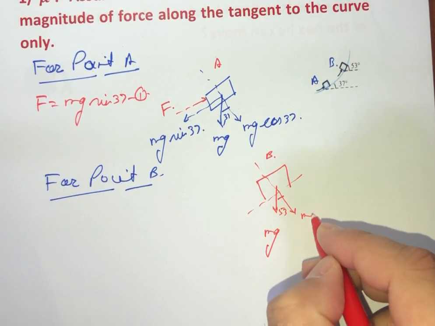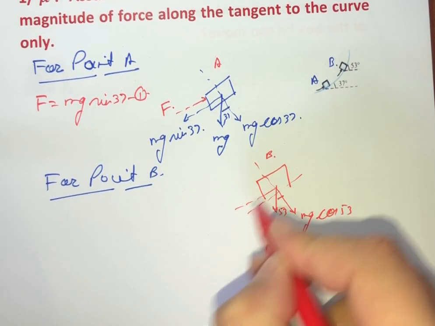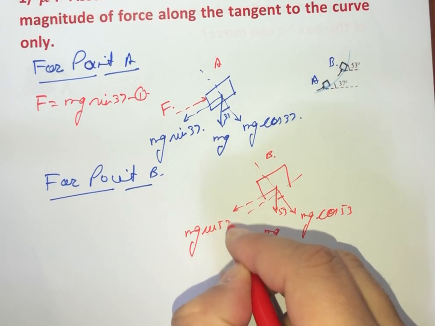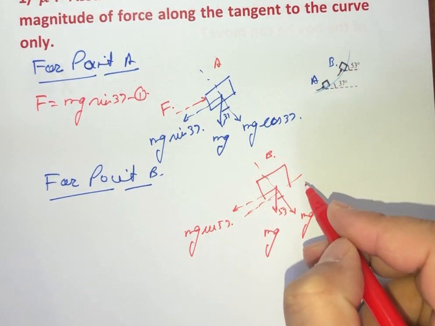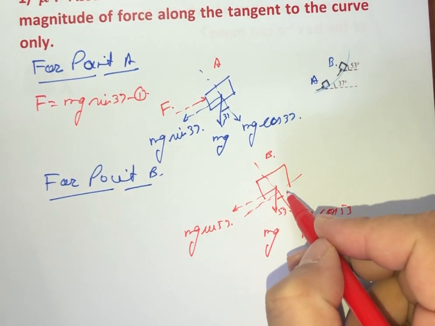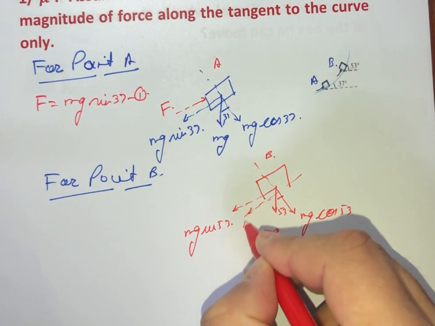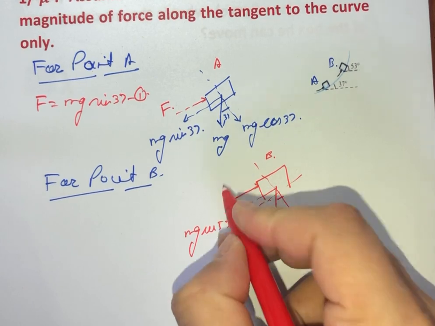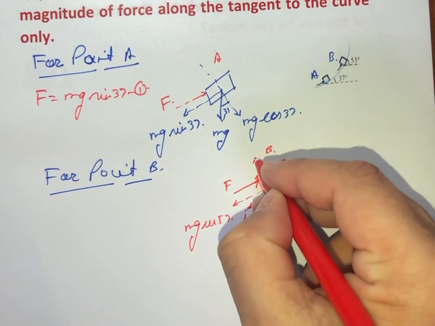So we are going to have mg cos of 53. This will be our mg sine of 53, and the force of friction will also be there. Let us call that FRB, and we have a force F that is being applied on it, and this is normal N.